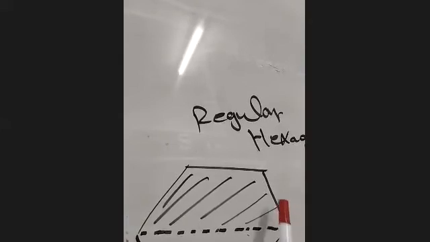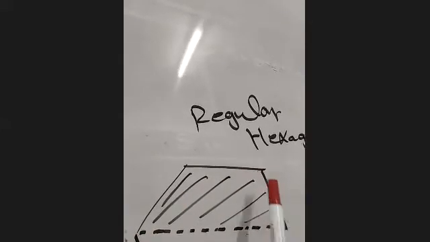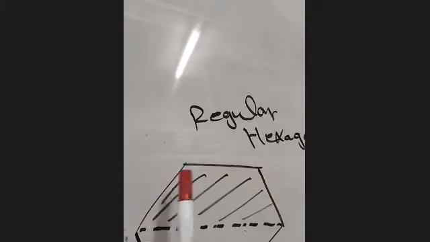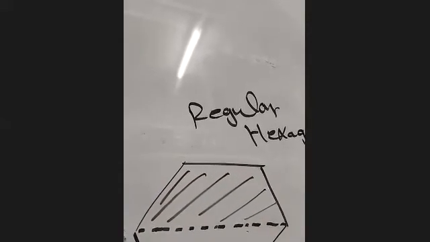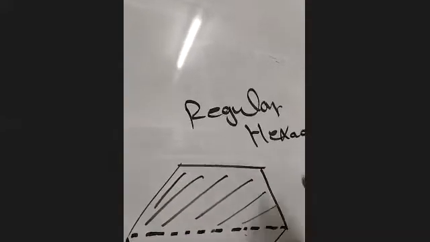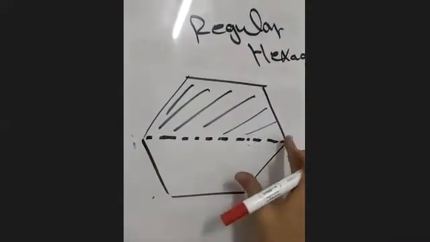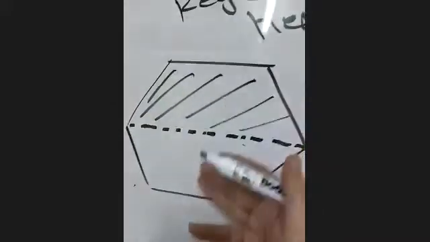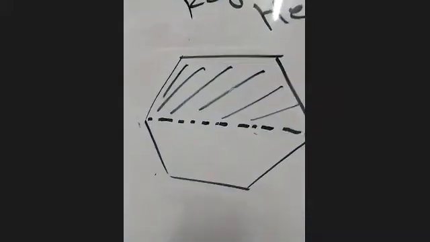What is this? Did we take something like this before? Yes, it is the trapezoid. This figure up is a trapezoid, and this figure down is also a trapezoid. So we have two trapezoids.